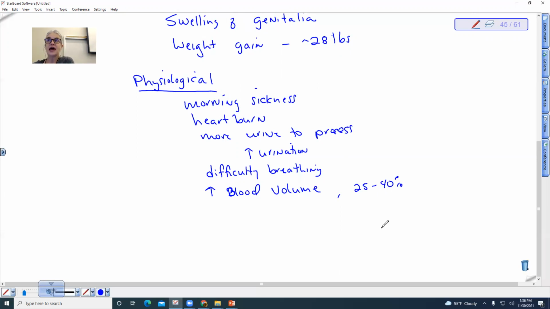Increases in blood pressure can be dangerous for pregnant women, and it is generally referred to as preeclampsia.